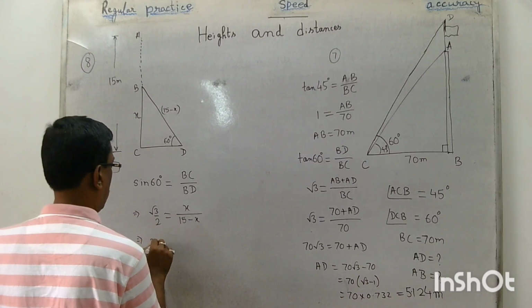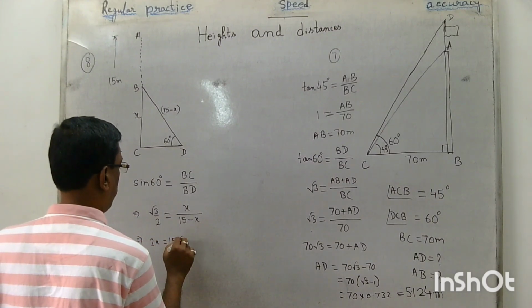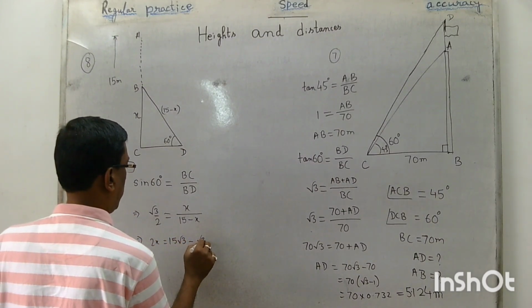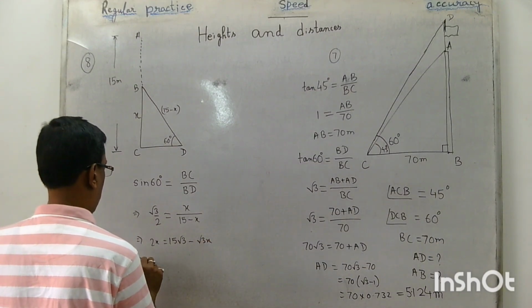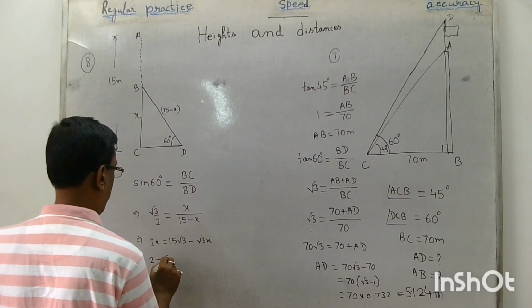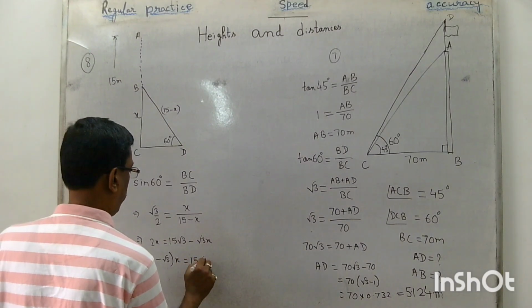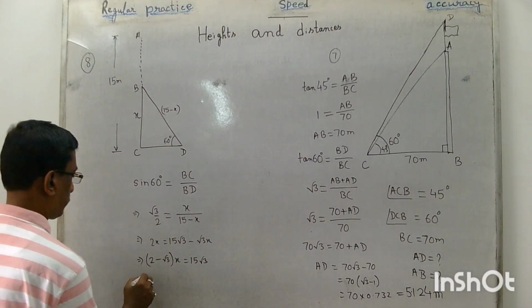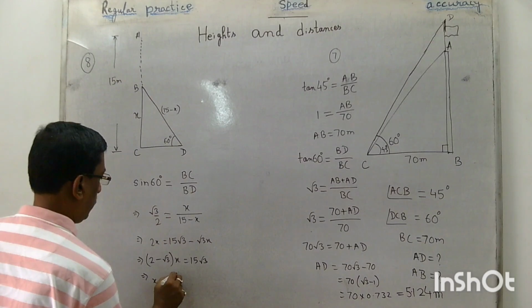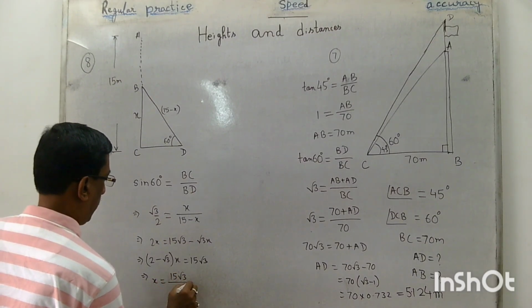Two x equals 15 root 3 minus root 3x. 2 minus root 3 x equals 15 root 3. x equals 15 root 3 by 2 minus root 3.